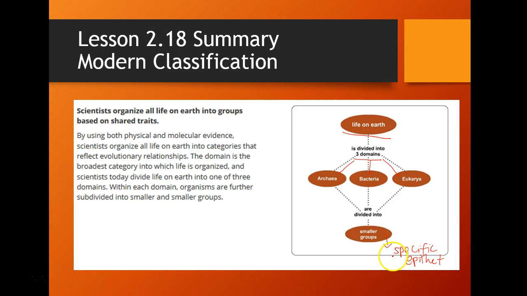And so this is the way that biologists have classified organisms today to increase better communication between all scientists, and also to really map out the evolutionary history of all these organisms.